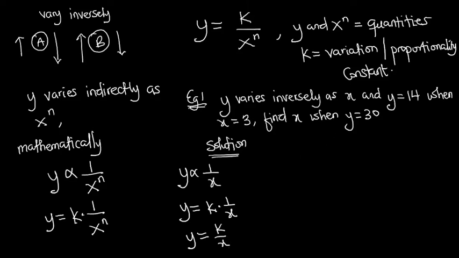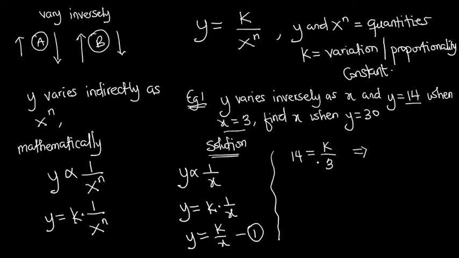Now we've been told that when y is 14, x is 3. With these two values given to us, when we do the substitution into this equation, assuming this is equation 1, we will be able to find our variation constant. So let's go ahead and do that. If we substitute y equal to 14 and x equal to 3, we have 14 is equal to k on 3.